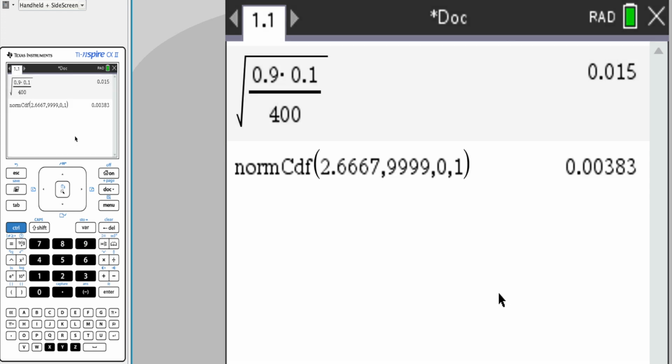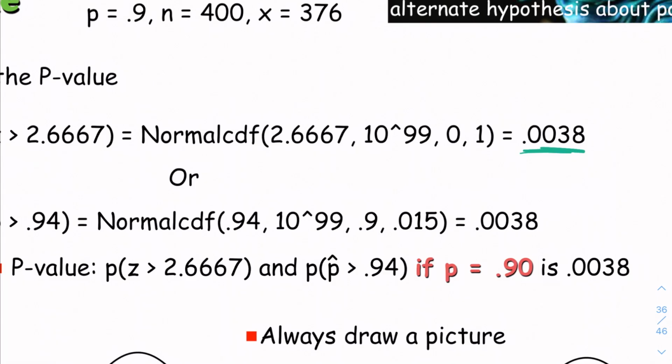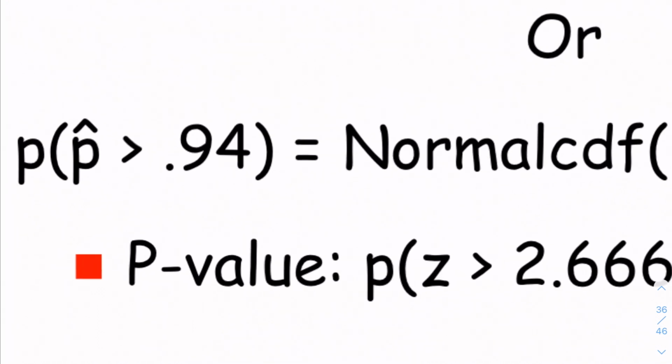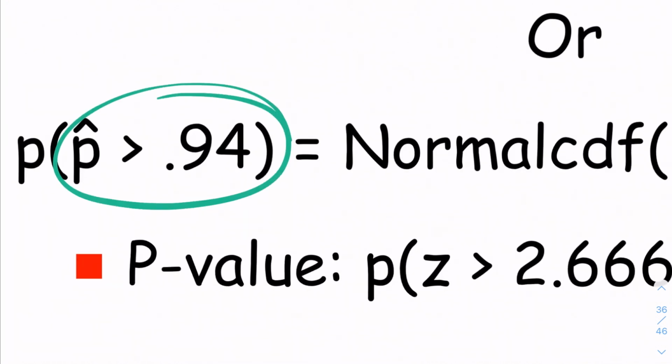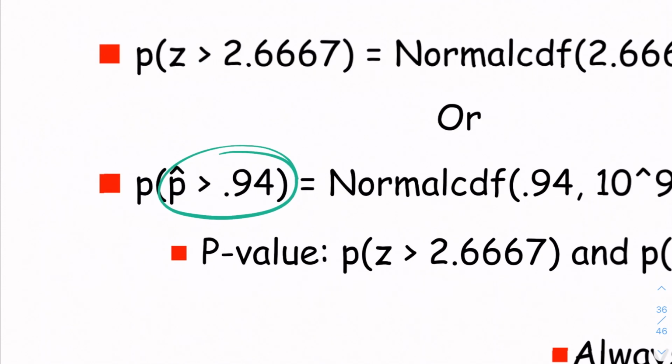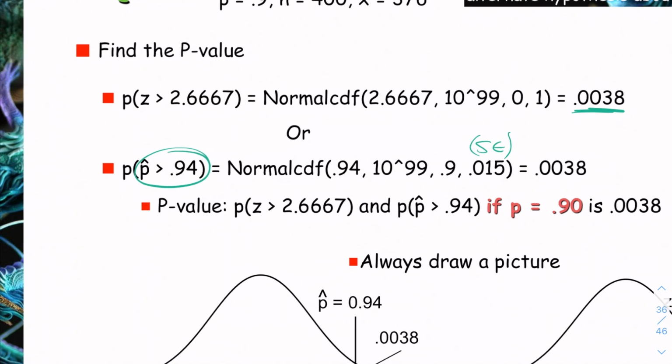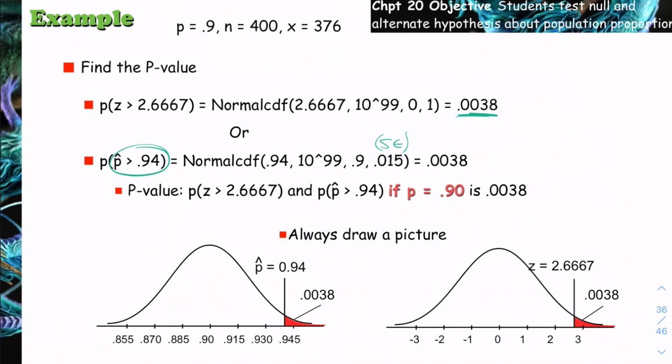And I get a p-value of 0.0038. What I'm asking is, what's the probability that I get a sample percentage of 94%? I could do a normal model again, normal CDF, 0.94 to a really large number, 0.9 comma its standard error. I get a p-value again, which is 0.0038.